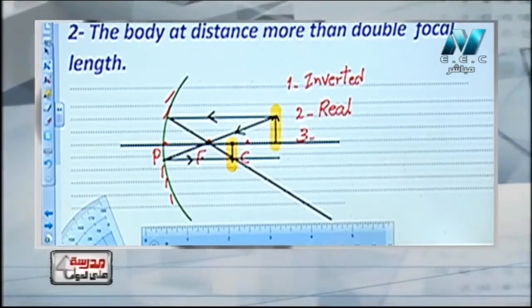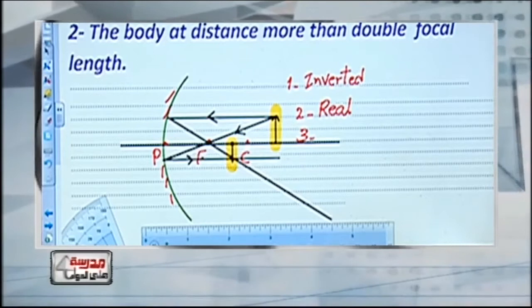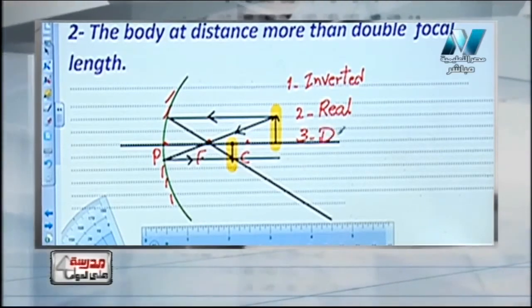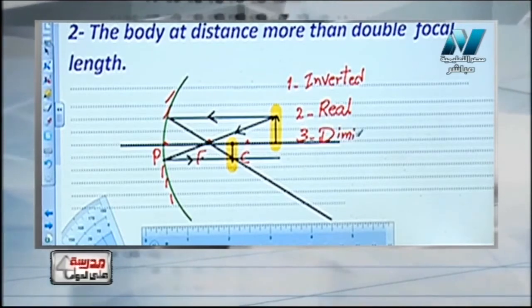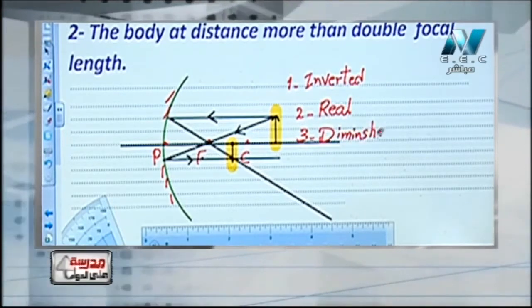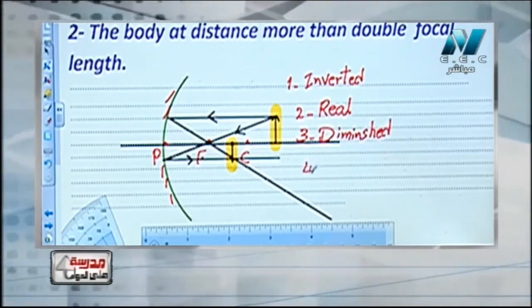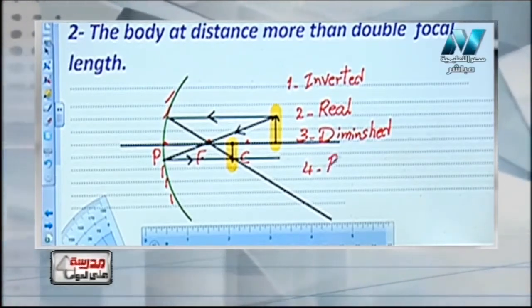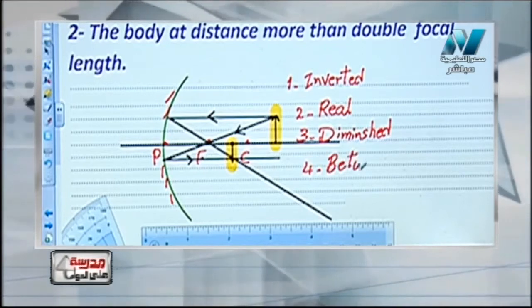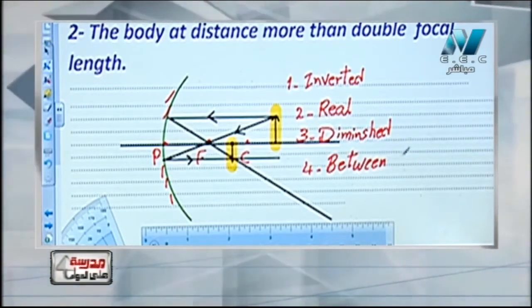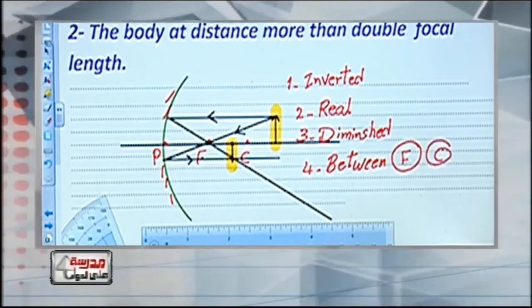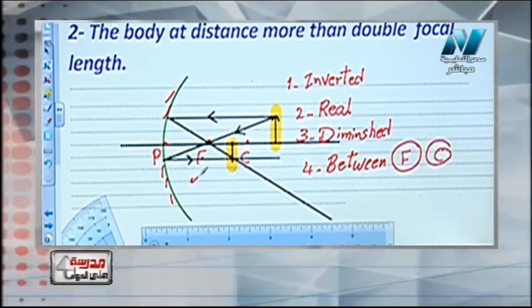So the image is smaller than the object, which means what? Diminished, يعني مصغر. Number 4, image is what? Its position is between F and C, between center of curvature and focus.